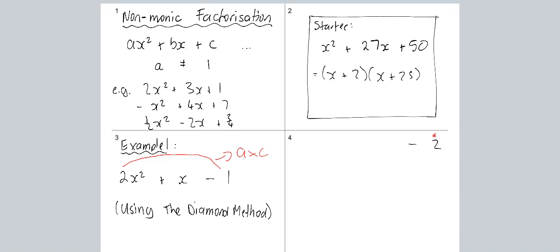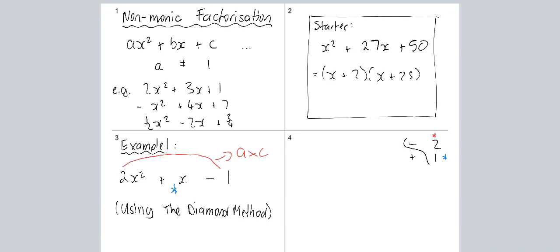It's A times C. Underneath it, we write B. So there's B. What's the value of B here? Yep. And to be more precise, it's positive 1. So that's where that's come from. That's B.